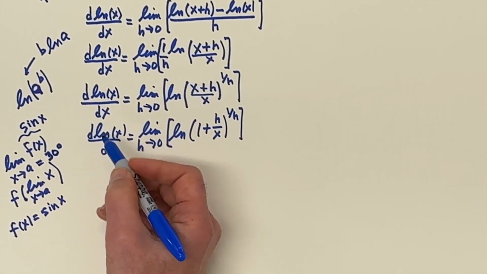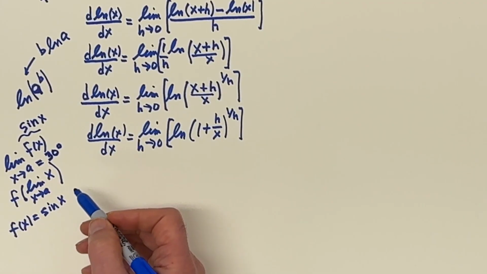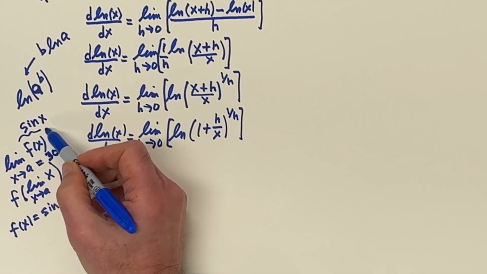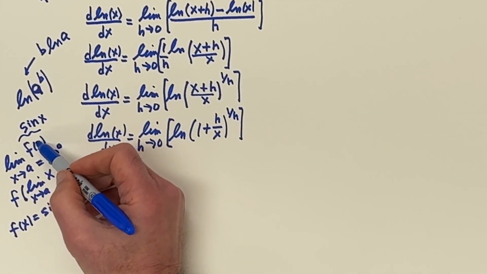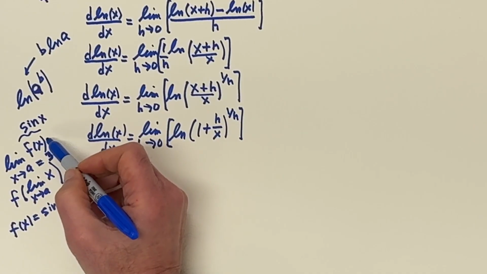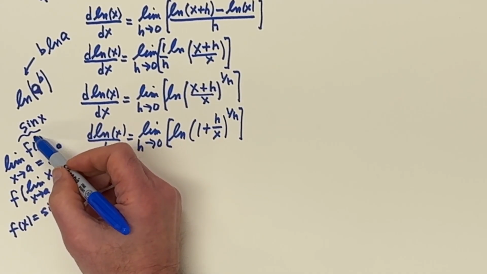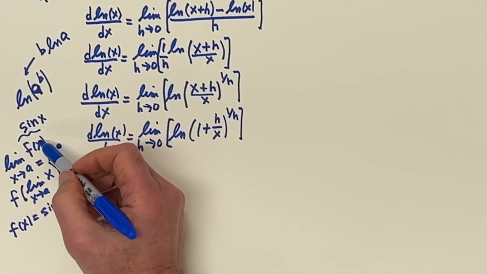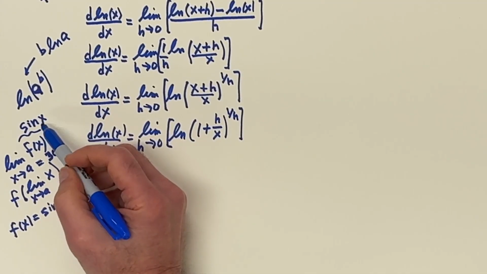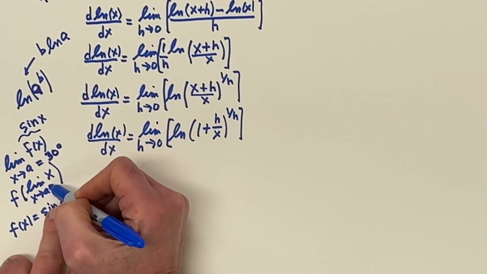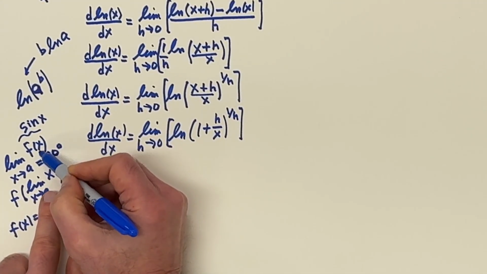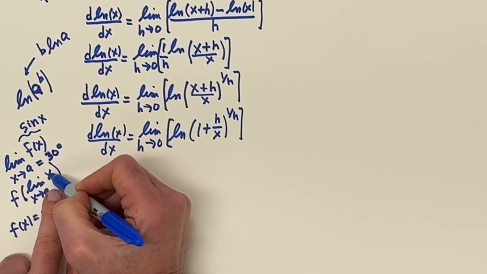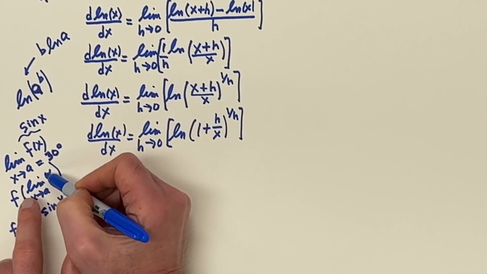So the sine of 30 degrees is 1/2. So here I would say this is the sine of 30 degrees, which is 1/2. And then over here I would say, well, I'm going to let x slide to 30 degrees first, and then take the function, which is the sine of 30 degrees.